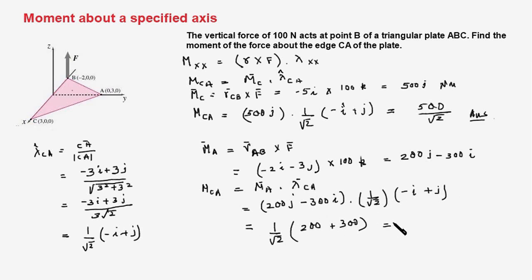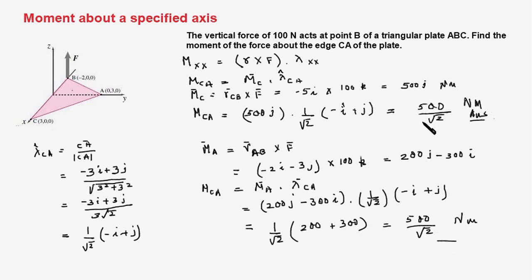This will be equal to 500 upon root 2 Newton meter. This also is Newton meter, and this result is same as what we got when we had considered point C.